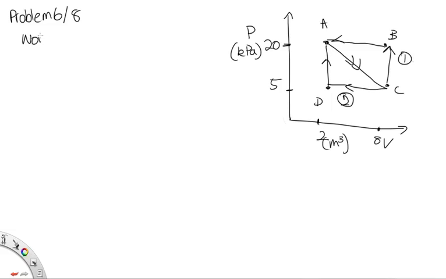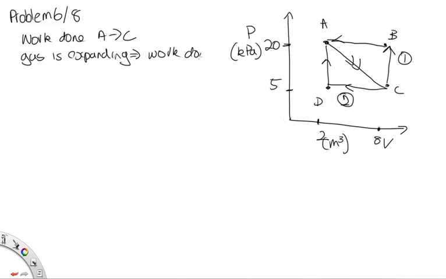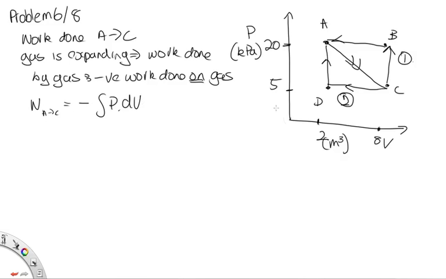Okay, so work done A to C. Well, the gas is expanding, which implies that the work is done by the gas, which means that there's negative work done on gas. The question asks us about the work done on the gas, so this will be negative. So the work done from A to C is equal to minus the integral of P dV, which is just the area under this curve here.